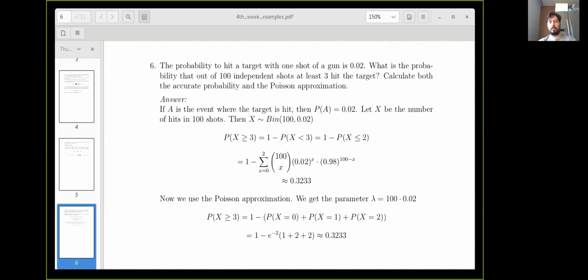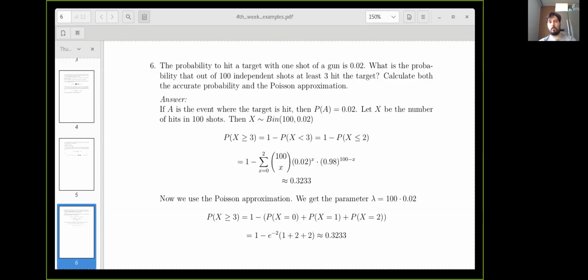And the probability that x equals 1, well, that's 100 times 0.02 times 0.98 to the power of 99. And then 100 choose 2, not even going to calculate it in my head, times 0.02 to the power of 2 times 0.98 to the power of 98. Add those and subtract from 1.